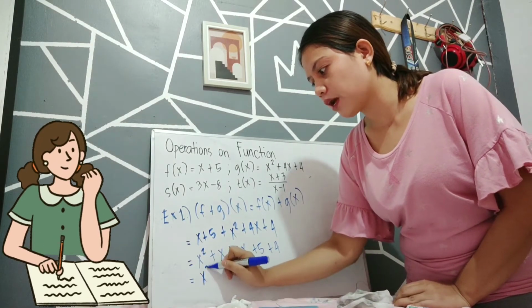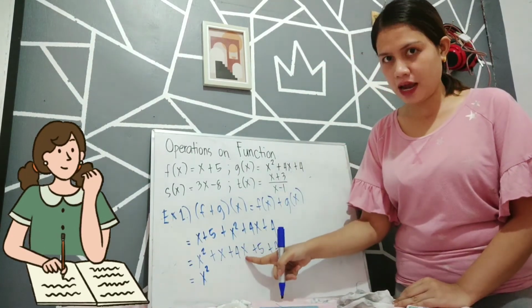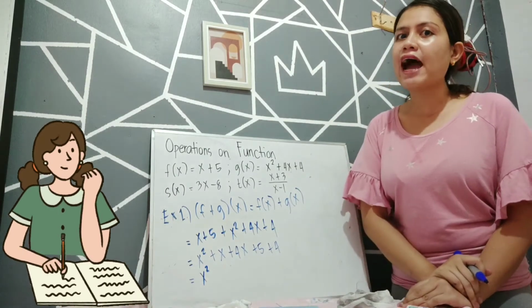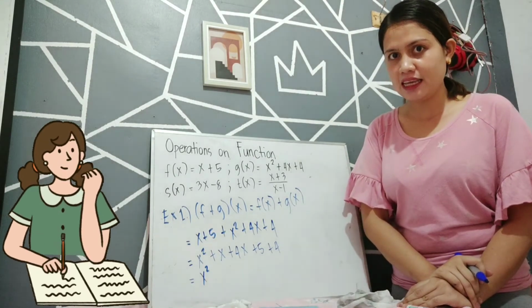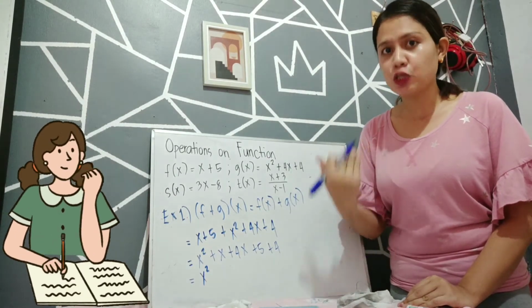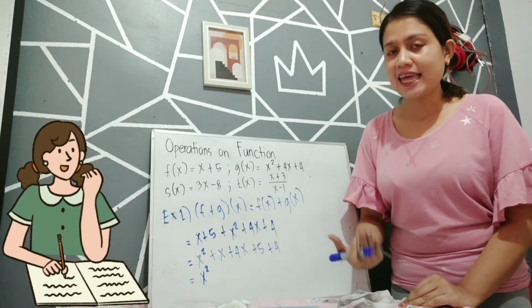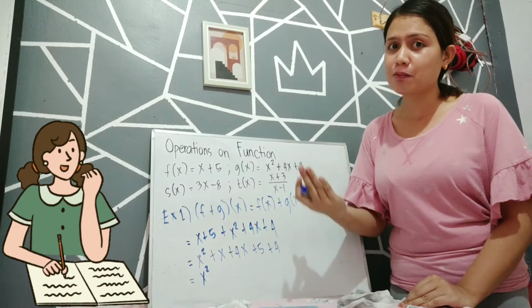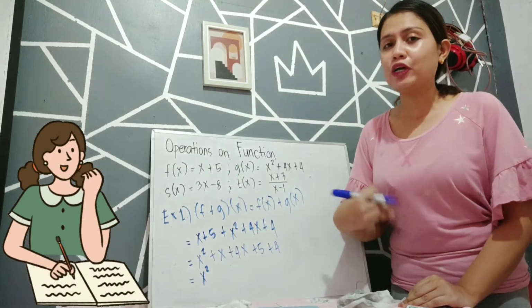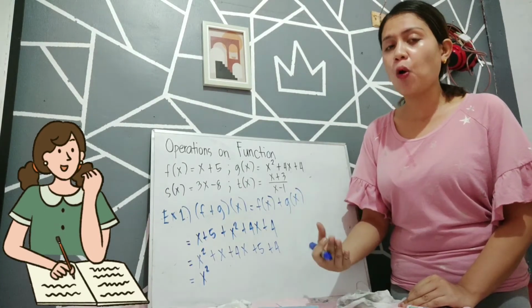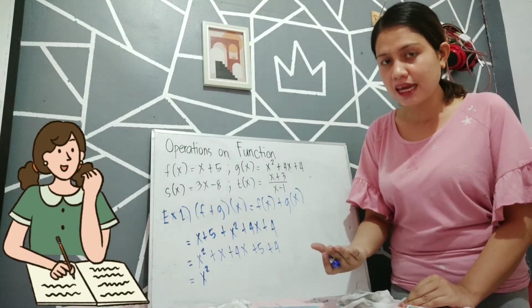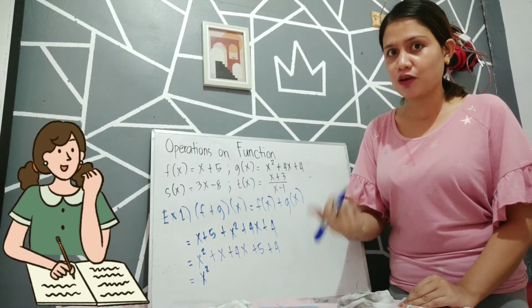You have x squared, x plus 4x. Remember that when you are adding or subtracting, the only thing that changes is the numerical coefficient. The exponent of the variable does not change. So you are performing the operation only on the numerical coefficients.